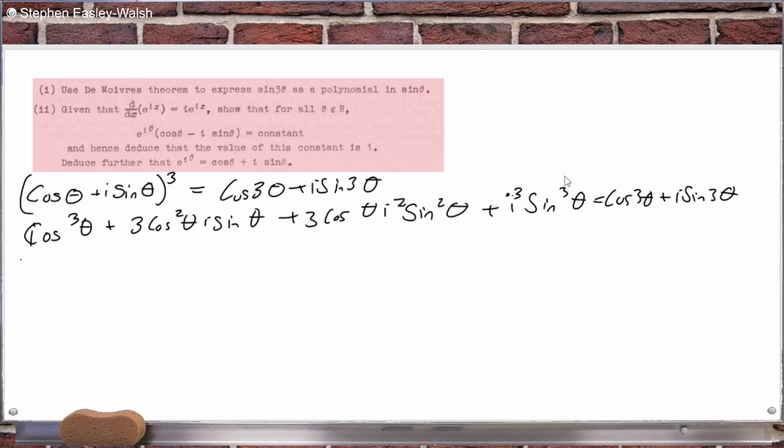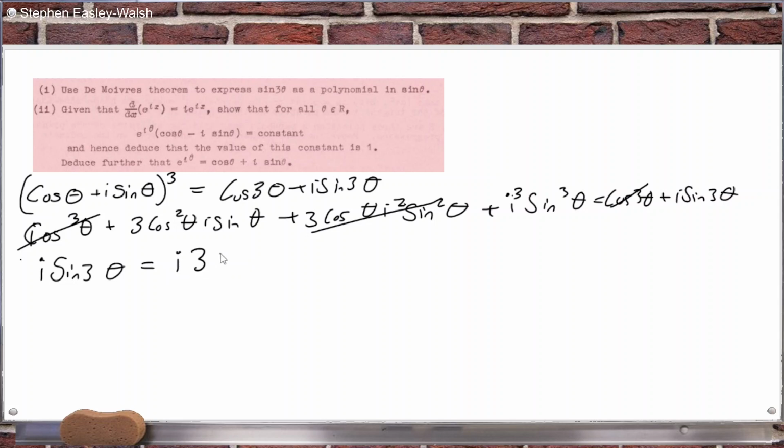The imaginary parts I'm interested in, not the real parts. So just looking at the imaginary parts, sine 3 theta will equal, actually I didn't need to write the i, but oh well.